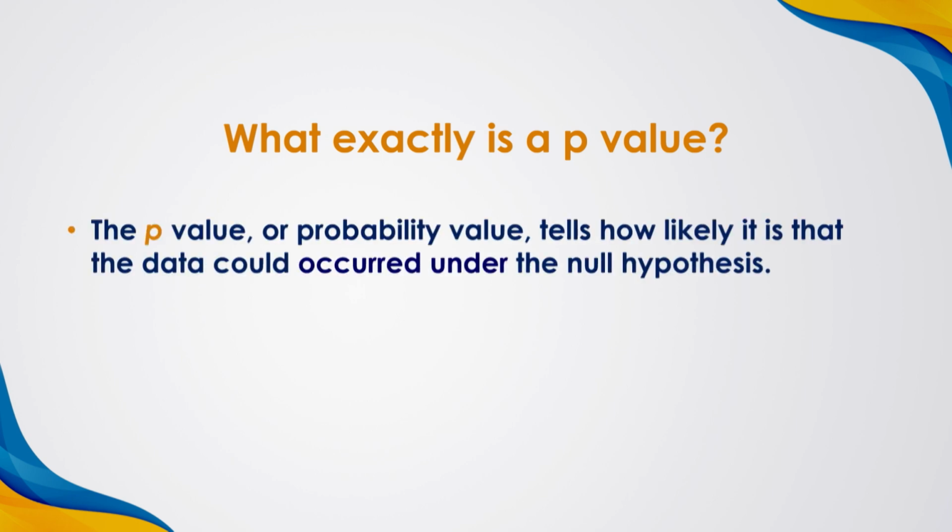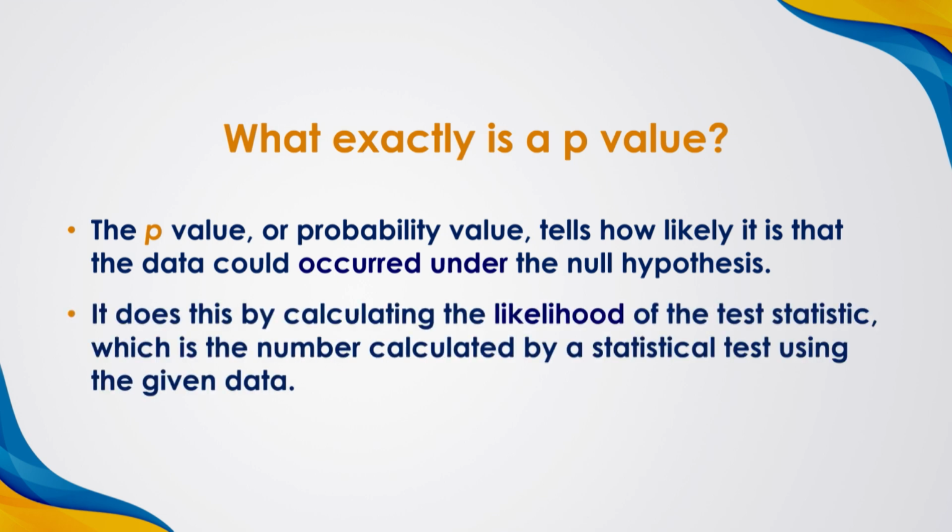The p value, or probability value, tells us how likely it is that the data could occur under the null hypothesis. It does this by calculating the likelihood of the test statistic, which is the number calculated by a statistical test using the given data.